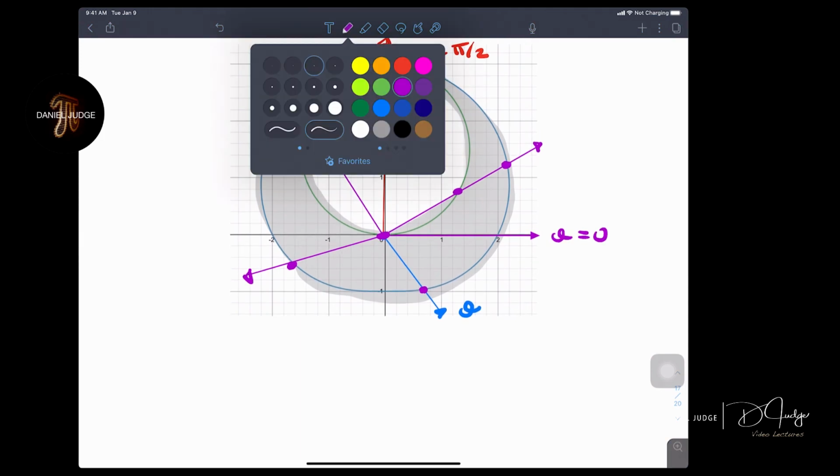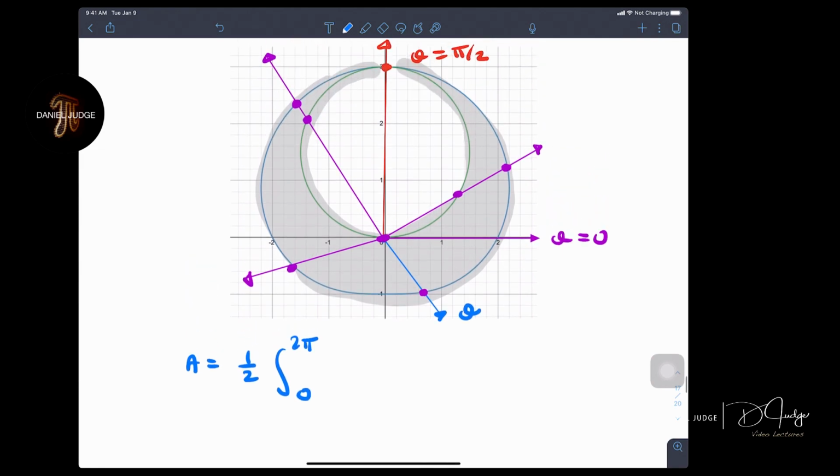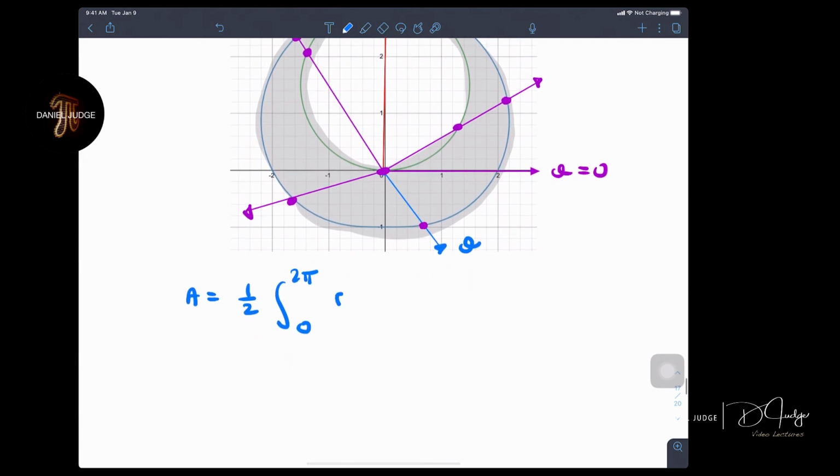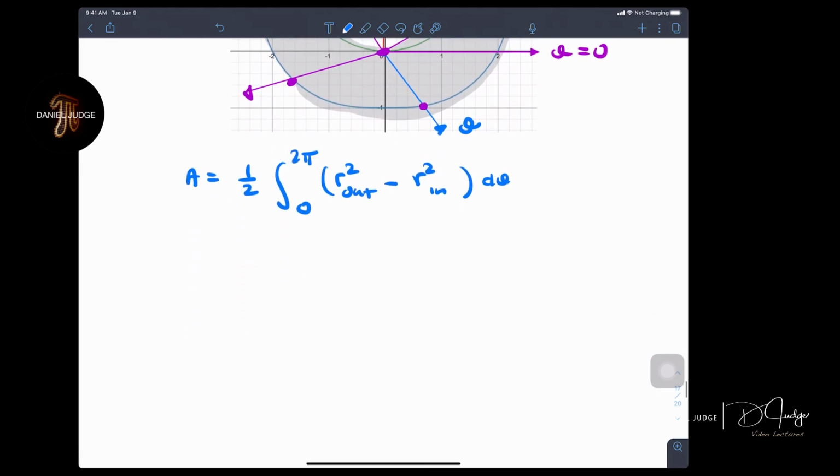So here's a straightforward thing in the sense that the area will be 1/2 the integral from 0 to 2 pi, just one full revolution counterclockwise, of the square of the outside curve minus the square of the inside curve, where the outside curve, again in blue, is 2 plus sine theta. So I'm going to replace that with 2 plus sine theta.